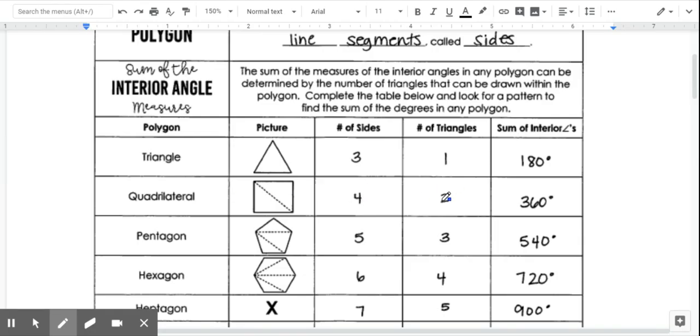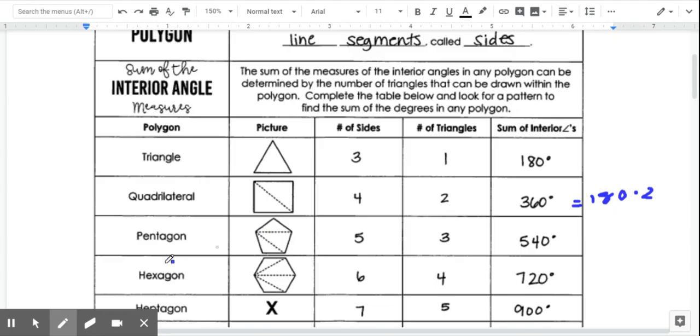The number of triangles is 2 because if you make a diagonal right down the middle, we have 2 triangles. So the sum of the interior angles is 180 times 2, which is 360.